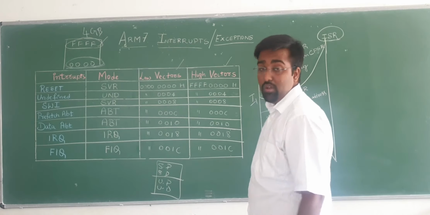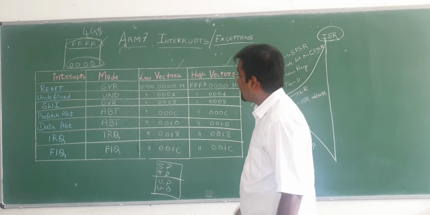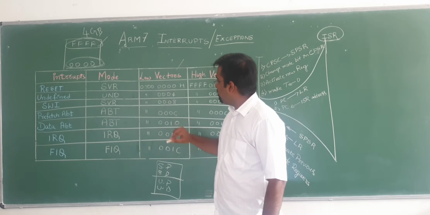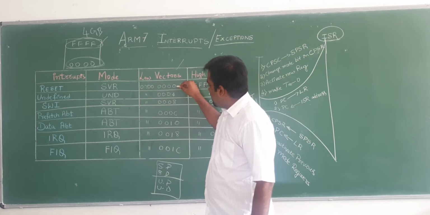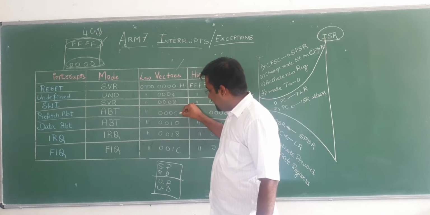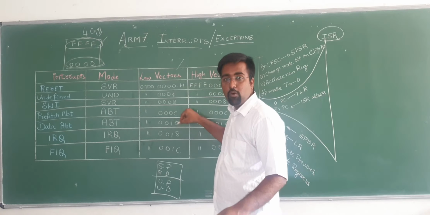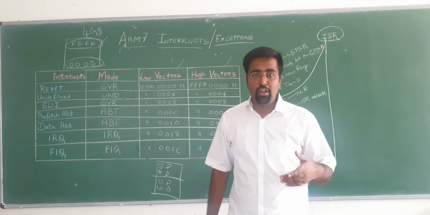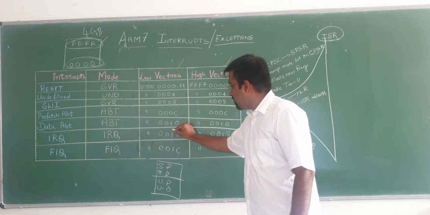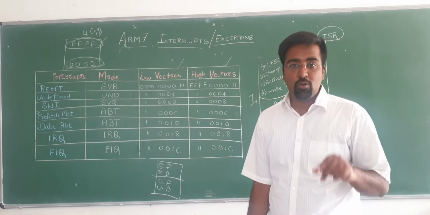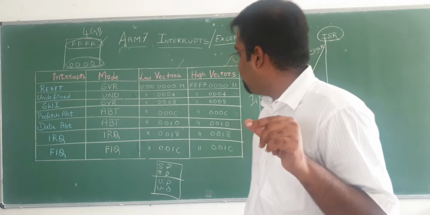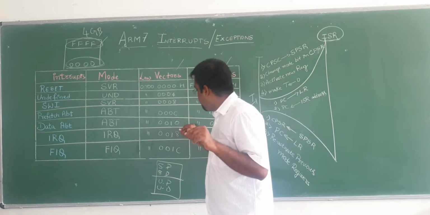Okay. Now let's come to the vector address of each vector here. It starts with 0. From 0, next it is 0004, 8, C, 10, 14, 18 with the displacement of 4. Now you can ask me one question, where is 0014? That one particular address in ARM, I haven't represented here.